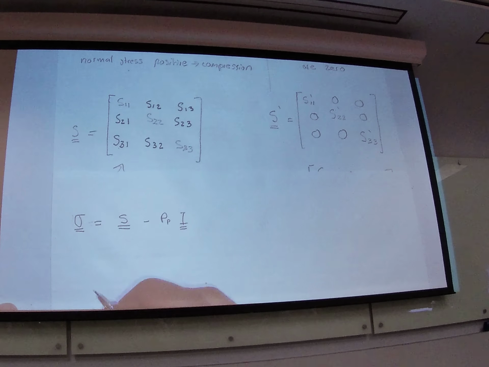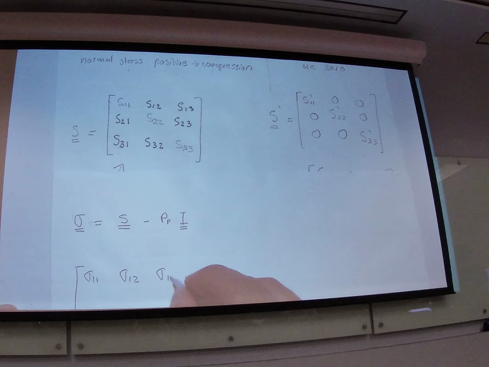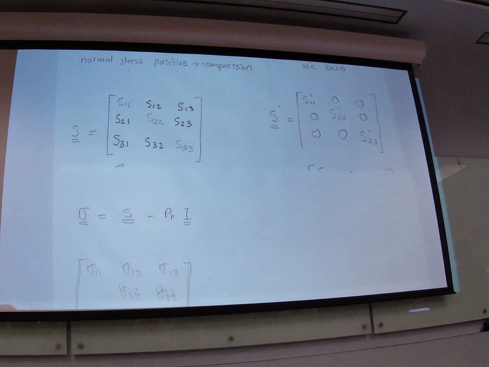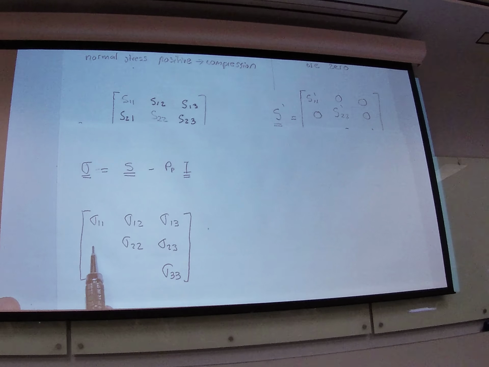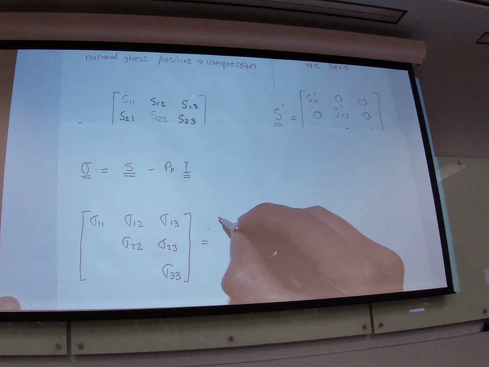So now sigma, effective stress, sigma 1,1, sigma 1,2, sigma 1,3, sigma 2,2, sigma 2,3, sigma 3,3. Remember that sigma 2,1 is going to be the same as that number, and the same with the others, so I'm not going to write them because I know those are the same.